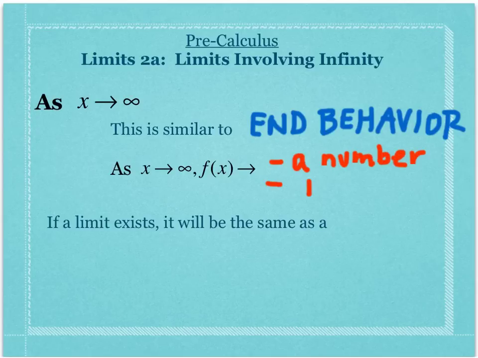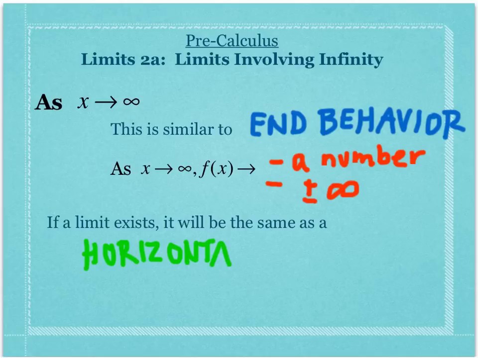Or it could be plus or minus infinity if the graph shoots way up or shoots way down. Now, on the bottom here we see that if a limit does exist when we have x approaching infinity like this, then it will be the same as a horizontal asymptote. And we'll see an example here that will illustrate that pretty well, I think.